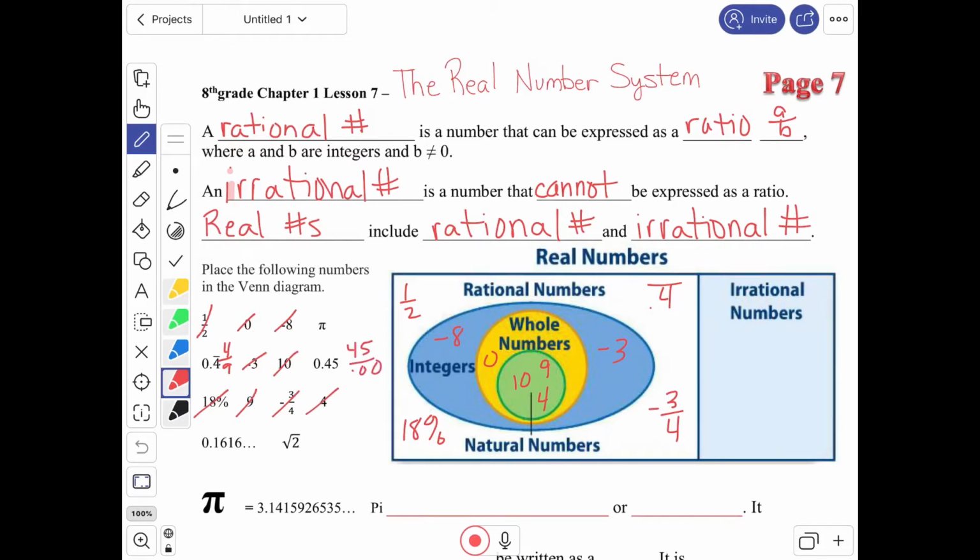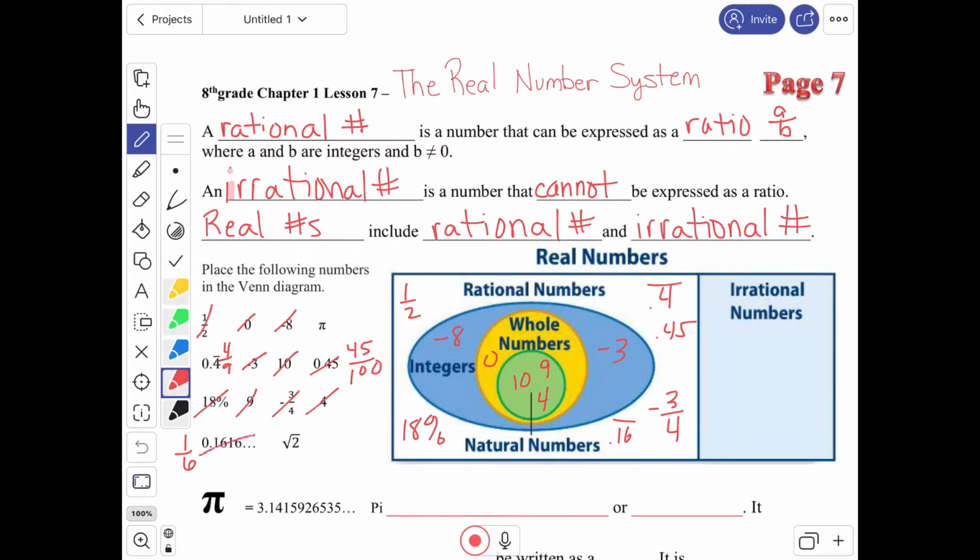And 0.45 could be written as 45/100, so that's rational. And then we have this 0.16 repeating, that could be written as a fraction, so it goes in the rationals.